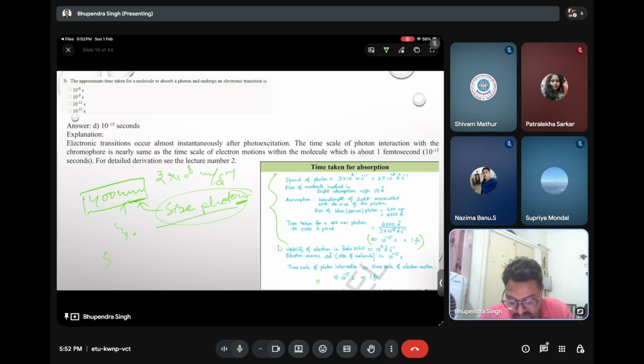So speed equals distance divided by time, and the distance is already given, 400 nanometer, divided by time, which you have to calculate, as the speed is already given. If you calculate, you will find the time in femtoseconds, 10 to the power minus 15 seconds. I think it's clear, right? Yes, okay, fine.